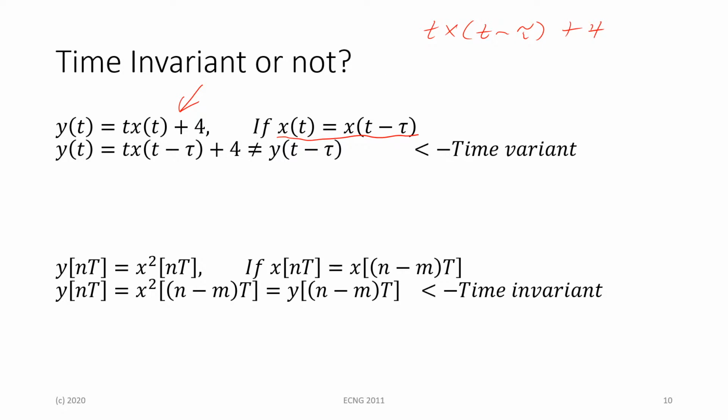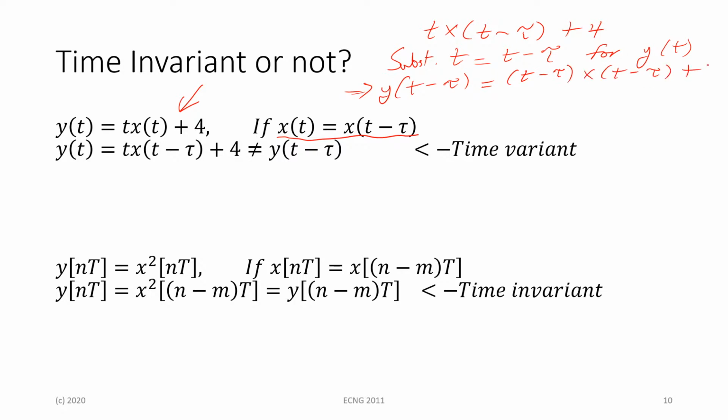Our next step would be to substitute t equal to t minus tau for y of t. So that means we get y of t minus tau is now equal to t minus tau times x of t minus tau plus 4.